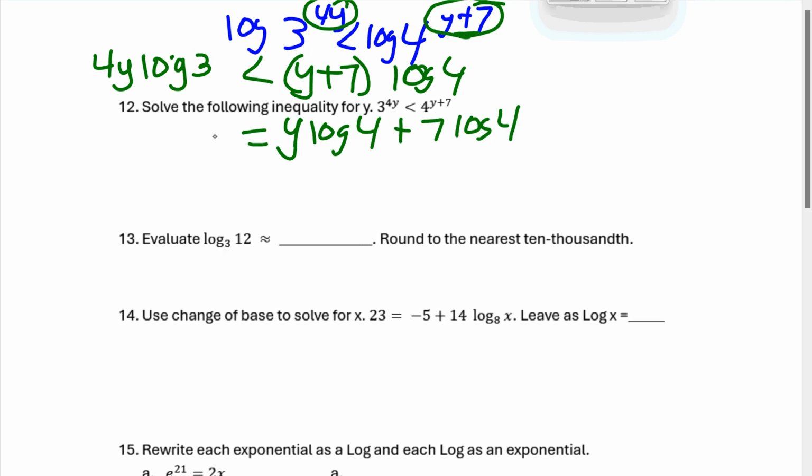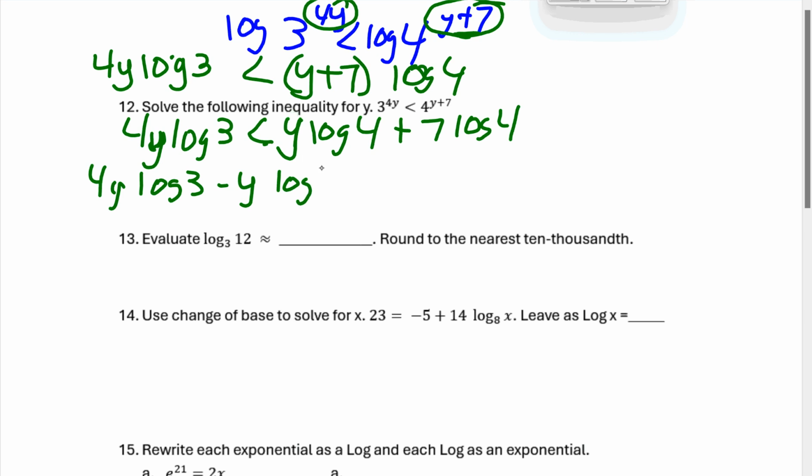And now, because again, I have 2 y's, one on each side, I'm going to move my y's to one side. So over here, I have a y, so I want to move this y over. So 4y log 3 minus y log 4 less than 7 log 4. Now I'm going to factor out a y.